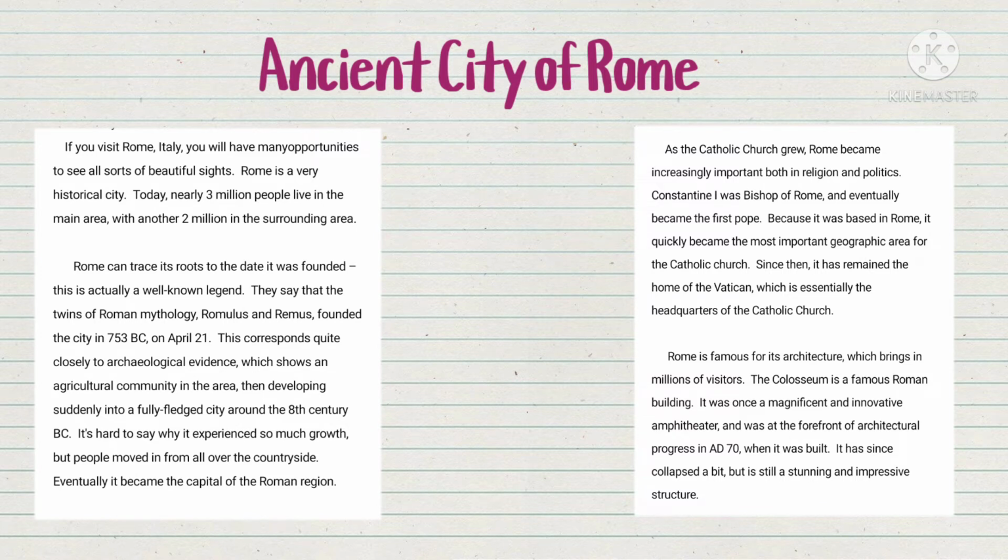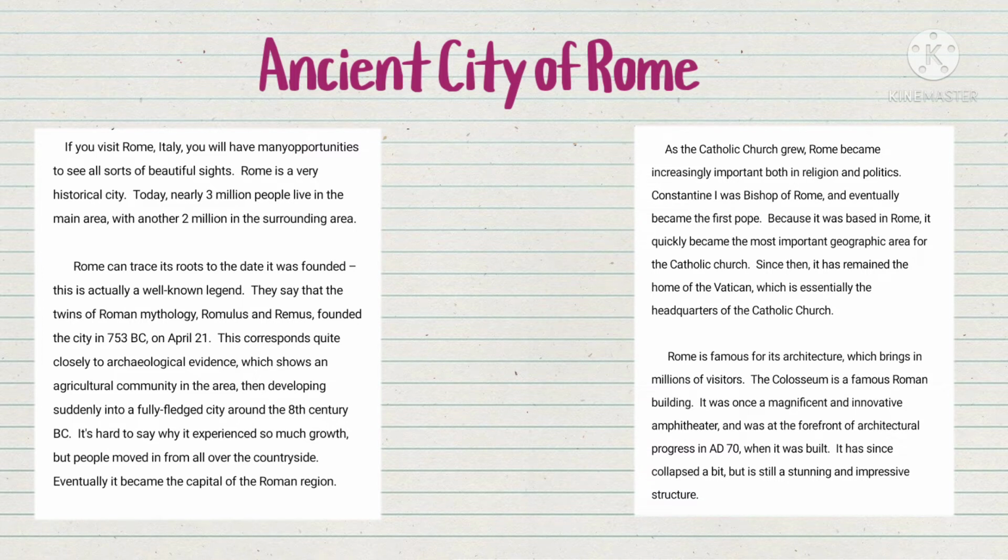Rome can trace its roots to the date it was founded. This is actually a well-known legend. They say that the twins of Roman mythology, Romulus and Remus, founded the city in 753 BC on April 21.